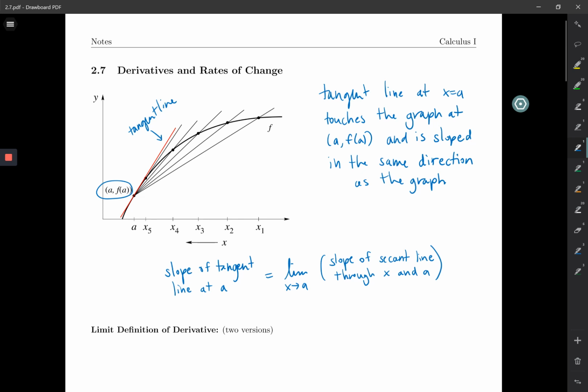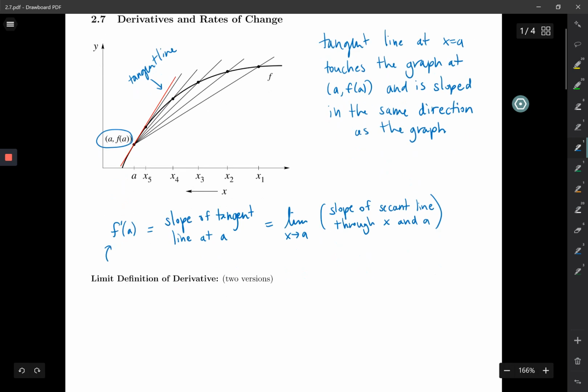And the notation that we're going to use for this slope of the tangent line at a is f prime of a. So it is going to be f, a little apostrophe, before you write the parentheses, and then a.